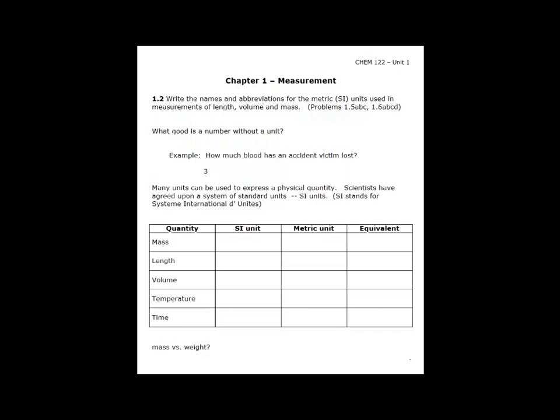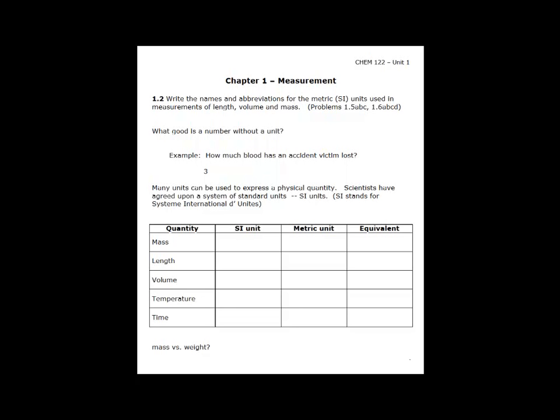Frequently, if a number is given without a unit, it's hard to understand its meaning. For instance, if you were an EMT and somebody asked you how much blood this accident victim has lost, and you just responded by saying 3.